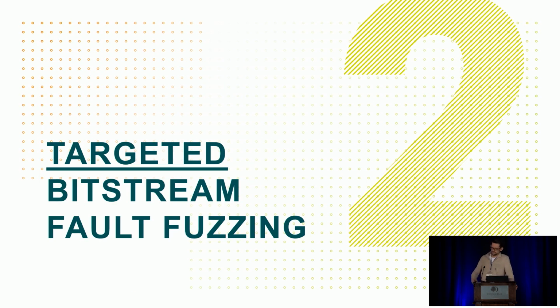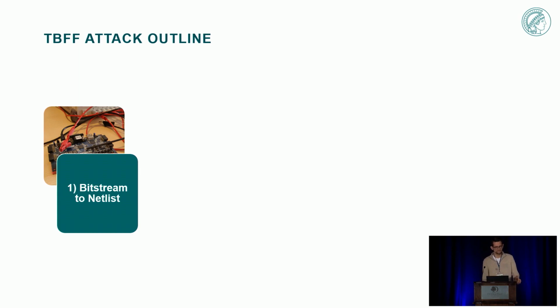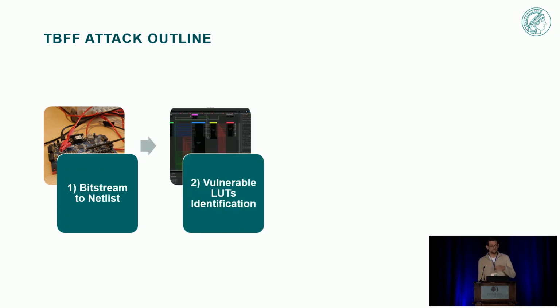So how have we done this? Well, let's give a brief outline of the attack and then see how every step is conducted. First, we have to take out the bitstream and convert this proprietary format to a human-readable format. Then we have to identify the vulnerable LUTs within the bitstream, so we know which lookup tables we have to attack.